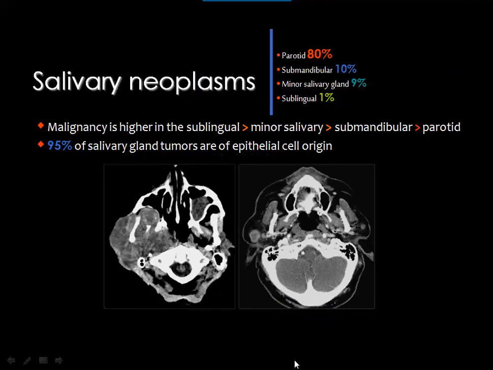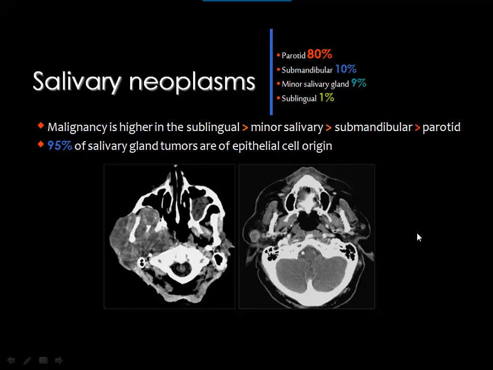Then salivary neoplasms. We have mentioned that we have epithelial and non-epithelial tumors. The epithelial tumors are the adenoma and the carcinoma, of course, and most of the lesions will occur in the parotid gland, less common in the submandibular and minor salivary glands, and relatively rare in the sublingual region.